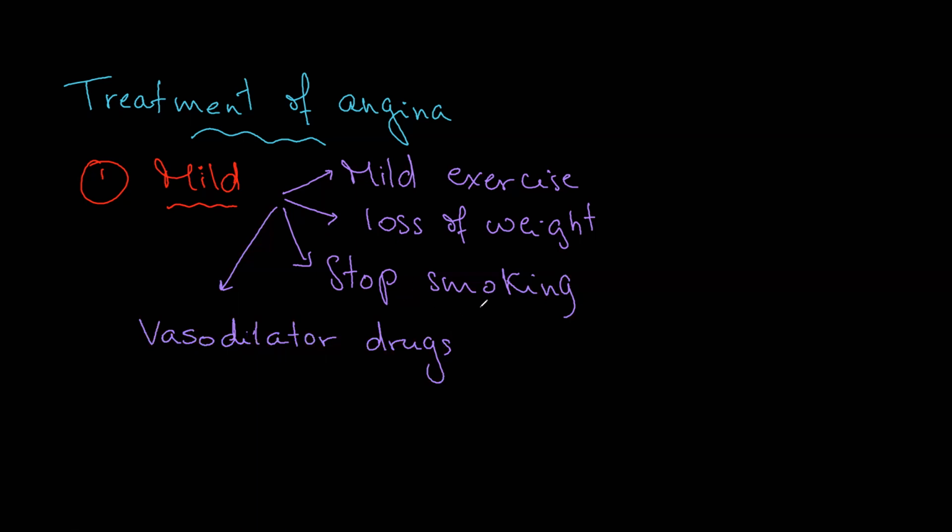Now, what if the condition is hard, or if we have severe angina? Here, severe angina means that the condition is becoming worse, or the blockage is continuing in the coronary arteries.